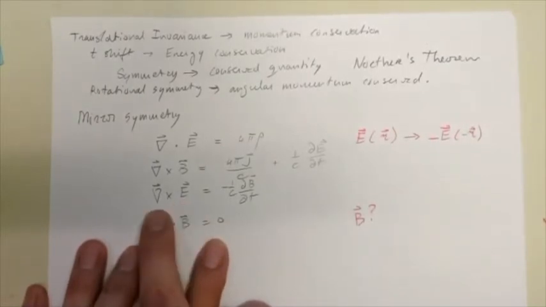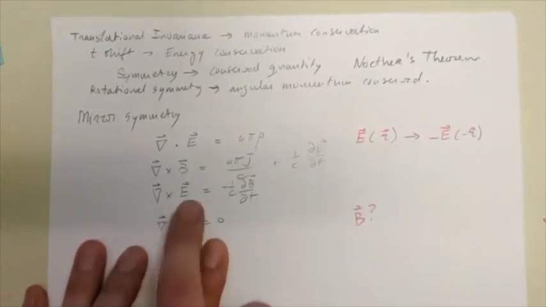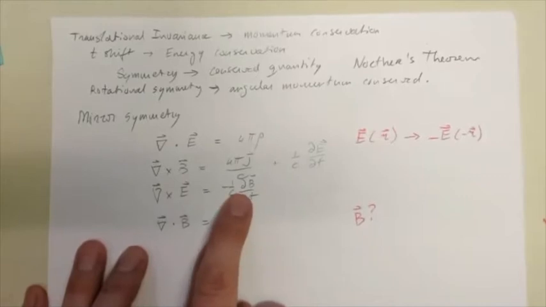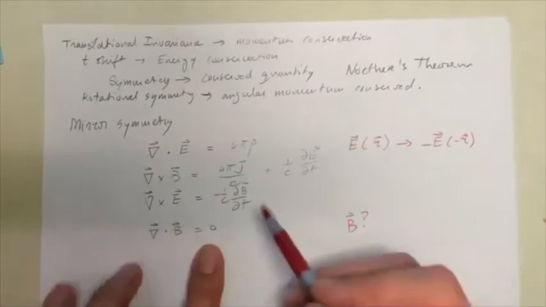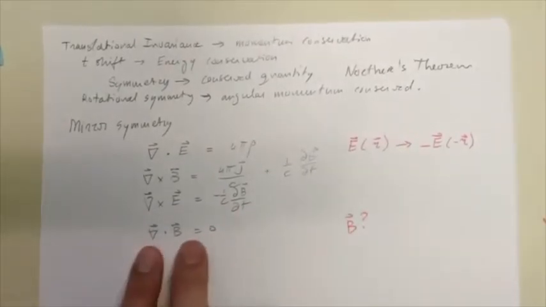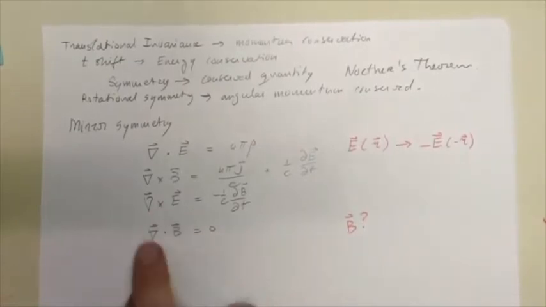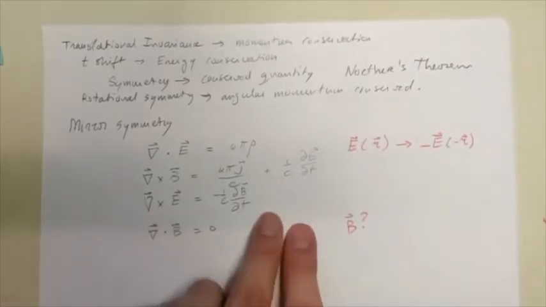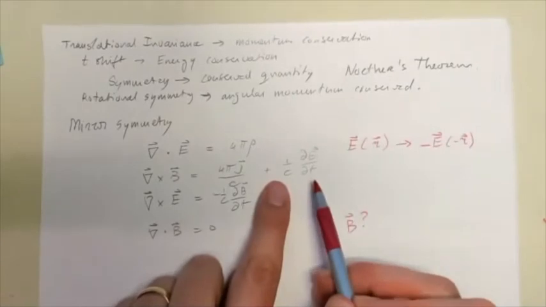But we also know that the nabla is going to go in the opposite direction. So actually, there are going to be two minus signs here, which means that B actually doesn't change. Does that make sense? Yes, it does, because it's also consistent with this, because it's 0. We could do whatever we want on this side, but it is also consistent with Maxwell too.